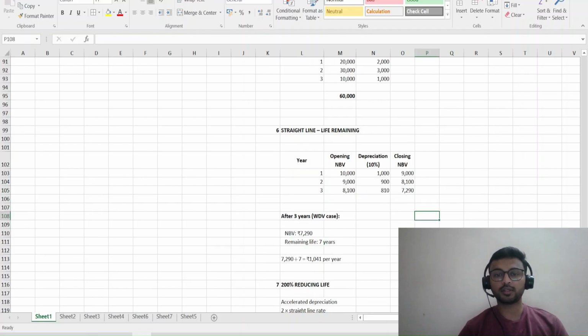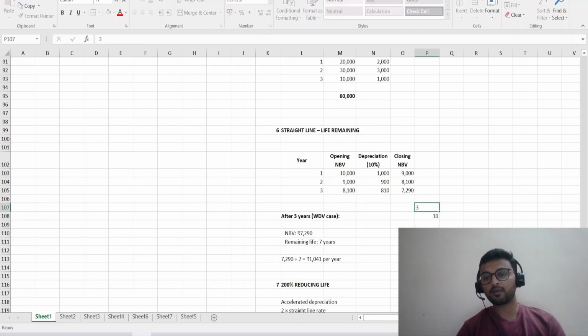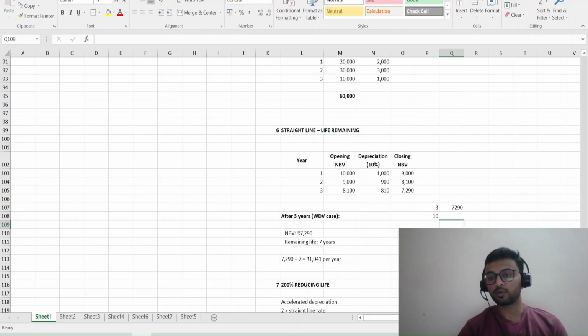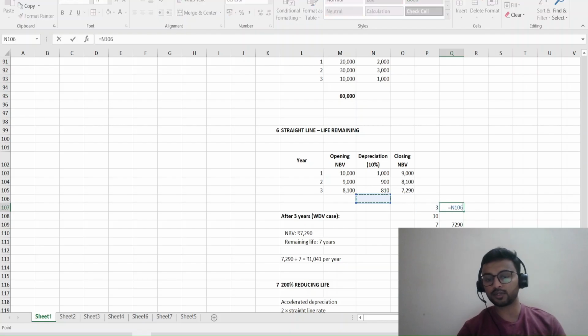This asset's useful life is 10 years. After 3 years, the value of the fixed asset is 7,290, so the remaining useful life is 7 years, and the value of the asset is 7,290. This much I have depreciated till now.